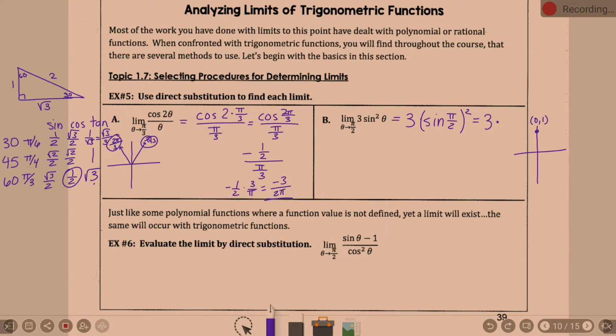Because in an ordered pair, it is cosine, sine. So it's 1, 0 over here, 0, 1 up here, negative 1, 0, and 0, negative 1. Okay. I need to go down my unit circle. Start staring at it. And this is just think as you move from the center. You go right 1, up or down 0, or left to right 0, up 1. So 3 times 1 squared, which means 3.